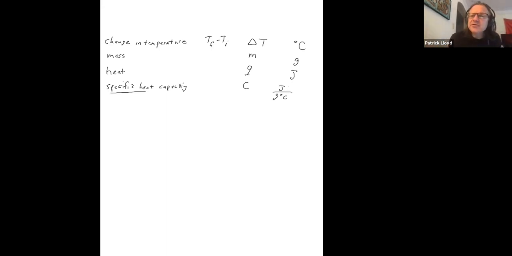Now what I'm going to do is put all 4 of those quantities into an equation, and it's going to be called the calorimetry equation. I guess you could call it that. Q is equal to M times C times delta T, and that's the calorimetry equation.